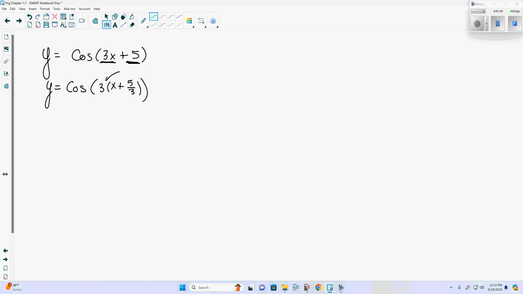So the 3 is still the period, but our left-right shift, our phase shift, is 5/3, because the amount for the period affects the phase shift, how far it moves left or right. So instead of moving 5 units to the left, it's actually moving 5/3 units to the left. Because if it had just been cosine of x plus 5, it would indeed be 5 units to the left. But because of the 3x, it's actually 5/3.